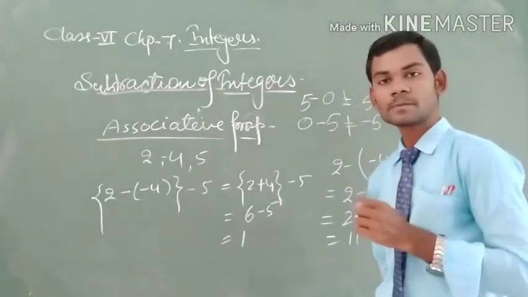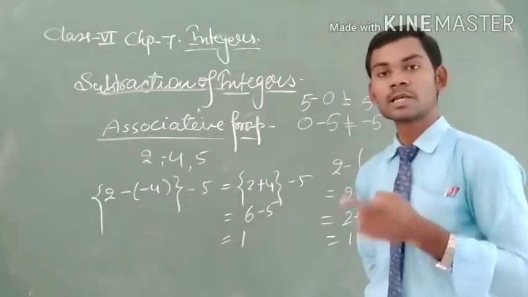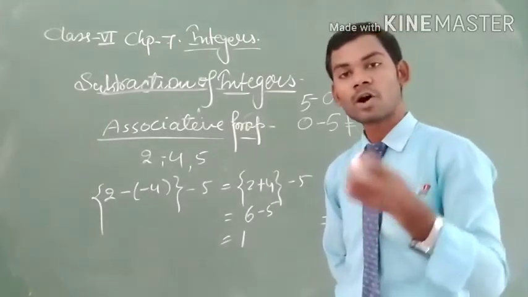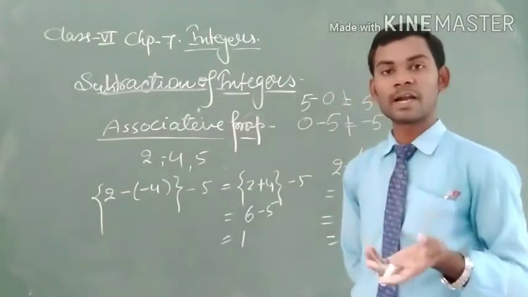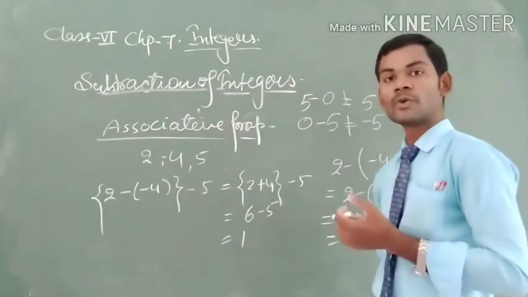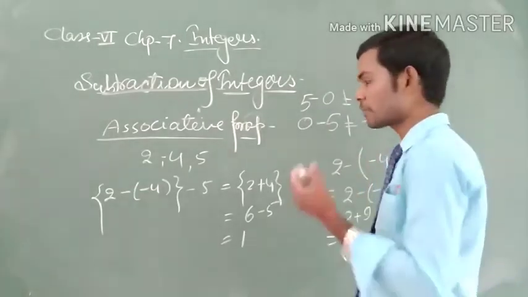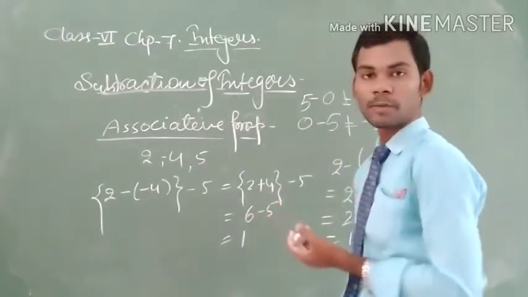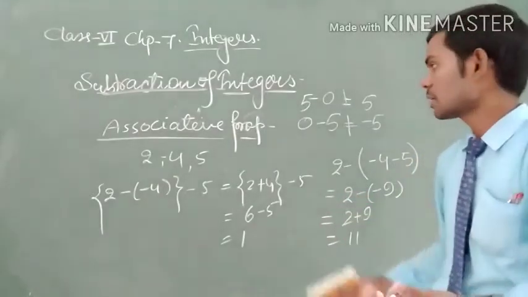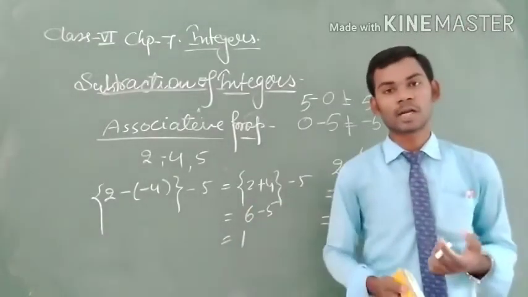So here we have seen all four properties, which we proved in the case of addition, where all these properties are satisfied by the integers. But in the case of subtraction, except the closure property, the other three properties are not satisfied by integers under subtraction.